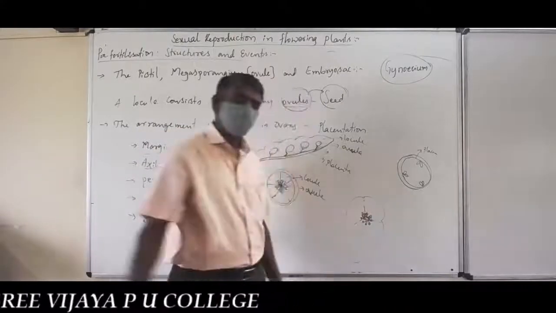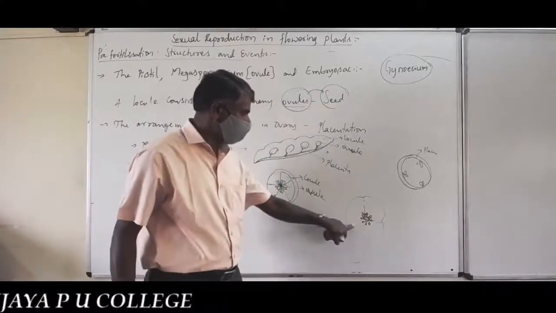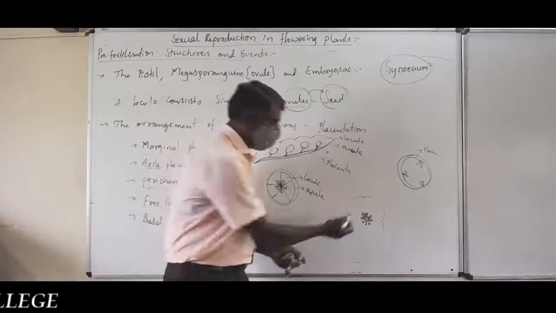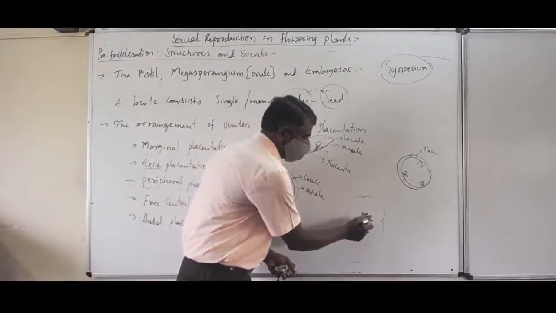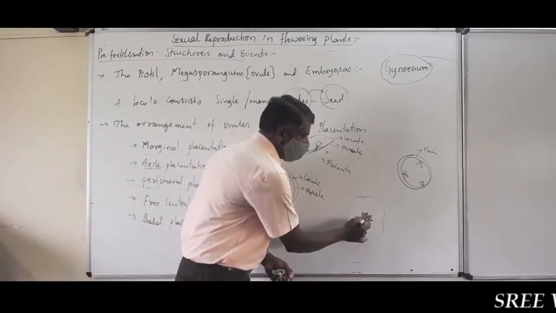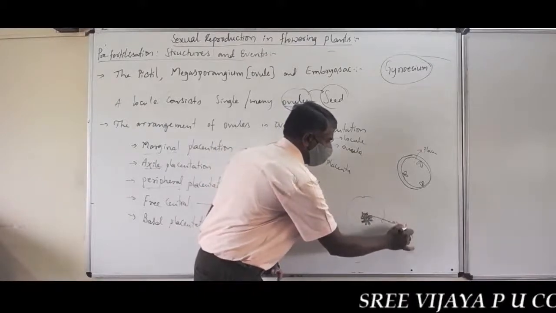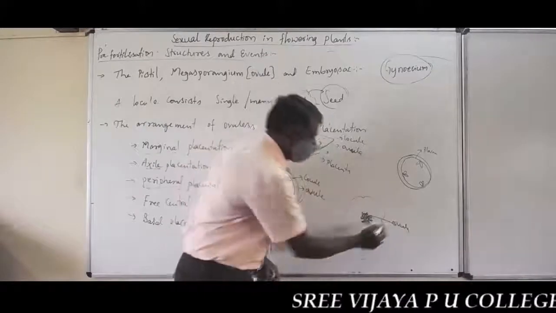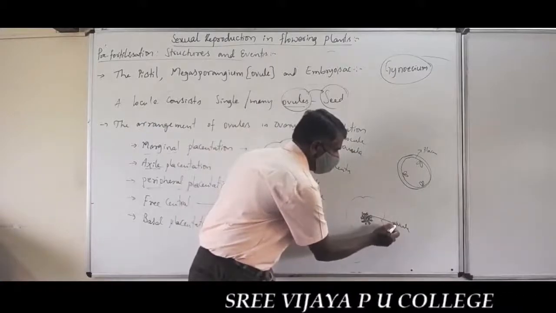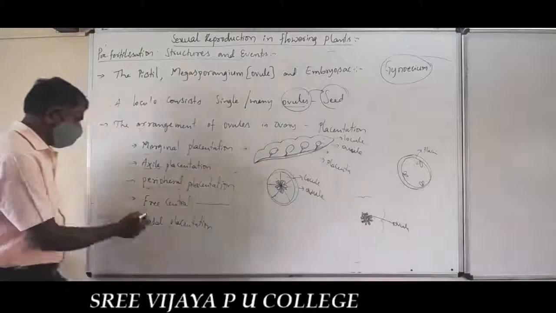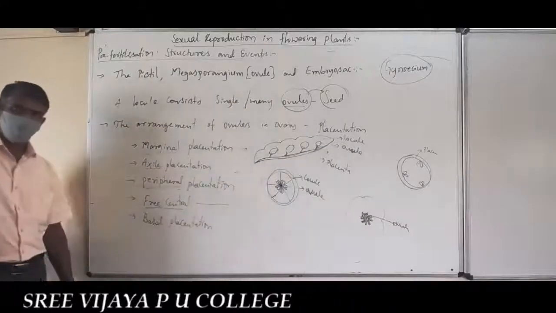On the central placenta there is origination of ovules. This type is called free central placentation.